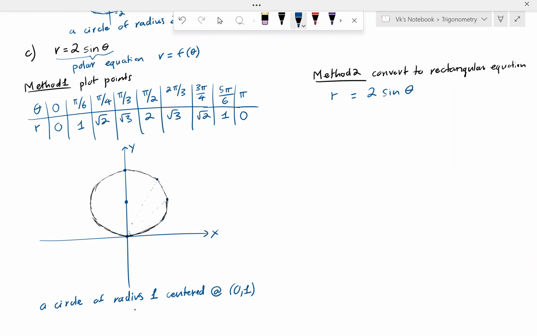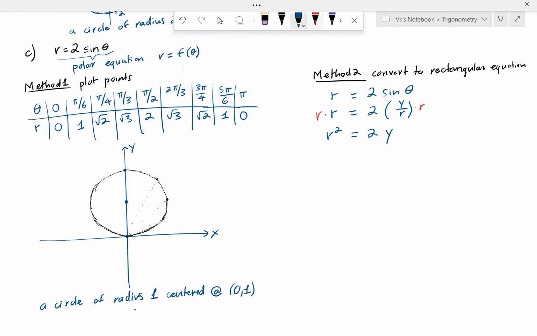We know that sine of the angle theta is y over r. So r is 2 times y over r. Multiply both sides by r. And this gets us r squared equals 2y.